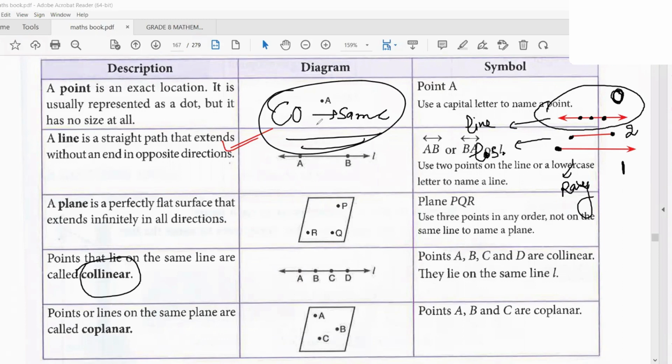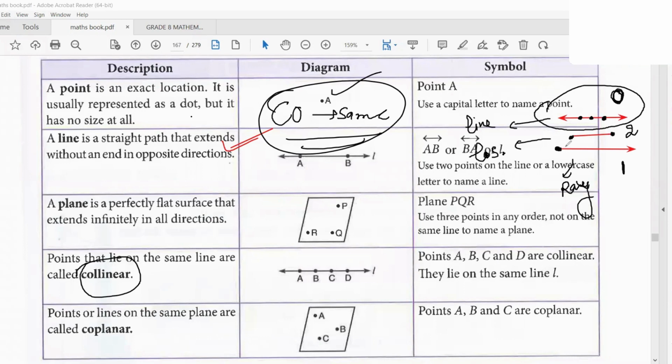Any word from English? Cooperation. Like in a group, when you work with your friends, we get cooperation. So co means operating together, basically the same group. Whenever there is a word with co in mathematics, it indicates something is the same.